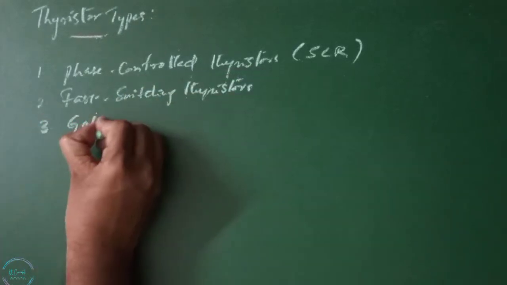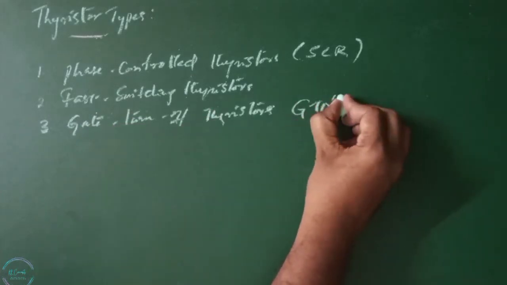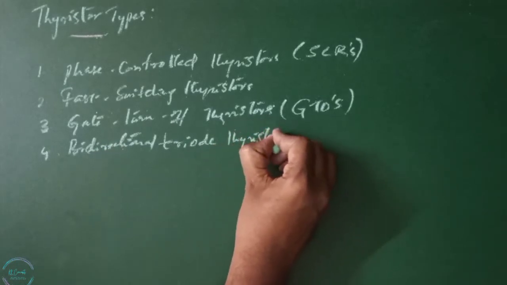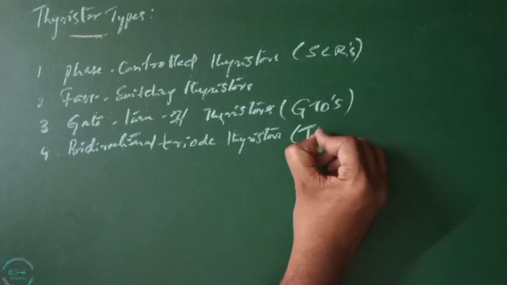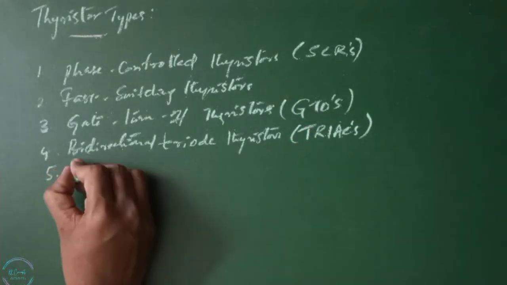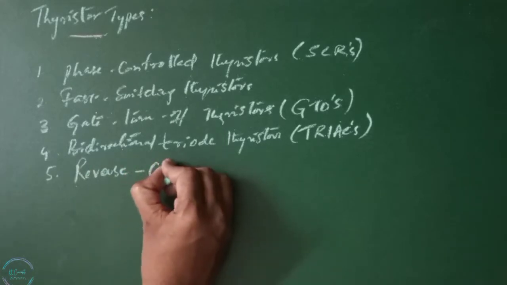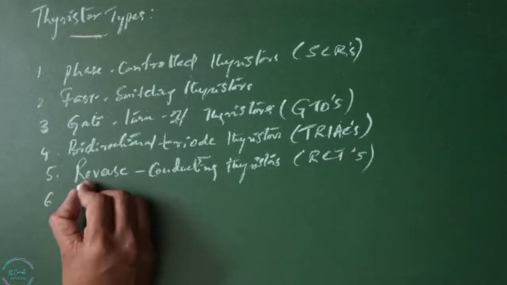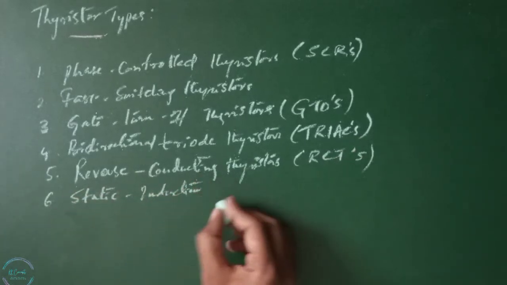Third, gate turn off thyristor, that is GTOs. Fourth, bidirectional triode thyristor, TRIACs. Fifth, reverse conducting thyristors, RCTs. Sixth, static induction thyristor.